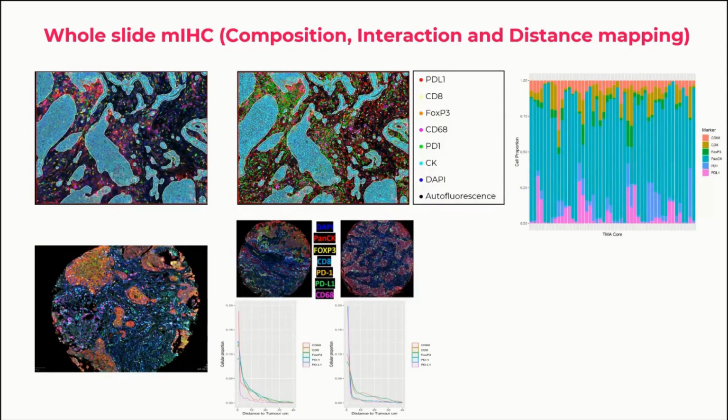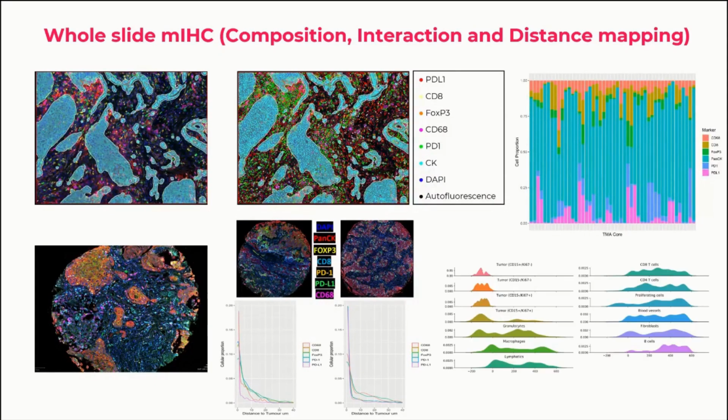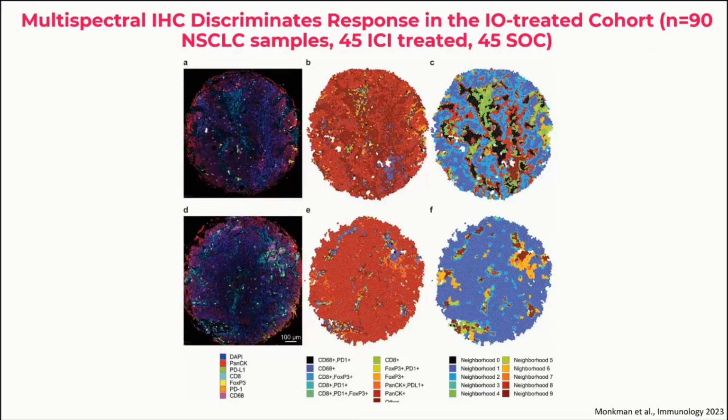We can look at the composition of the tissue microarrays, but we can also start to look at metrics such as the co-expression of markers as you move into the tumor and as you move into the microenvironment across individual cores and across individual tissue microarrays, and then extrapolate that into the entire cohort. And so when we looked at the cellular neighborhoods, so a neighborhood is saying that my tumor cell might be next to a macrophage, the macrophage might be next to a FOXP3 expressing cell, for example.